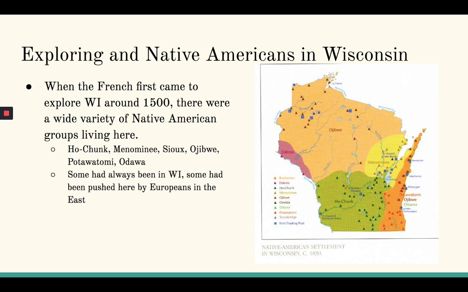So some of these tribes had been here for a very long time. Some of them actually had already been pushed. Some of them, in particular, gosh, which one was it? Ho-Chunk? One of them, I don't remember which one. I guess I should know that. I'm so sorry. I will look that up. Had already been pushed from New York.